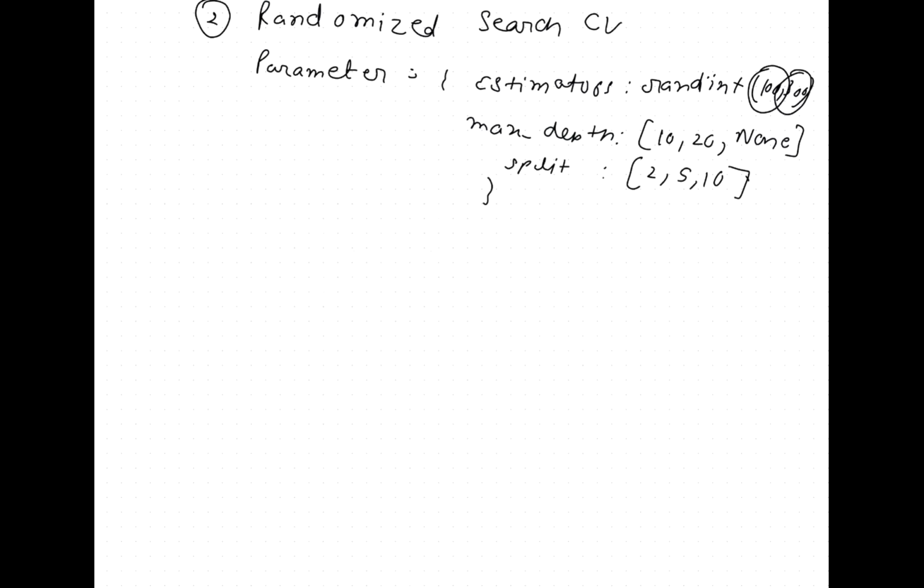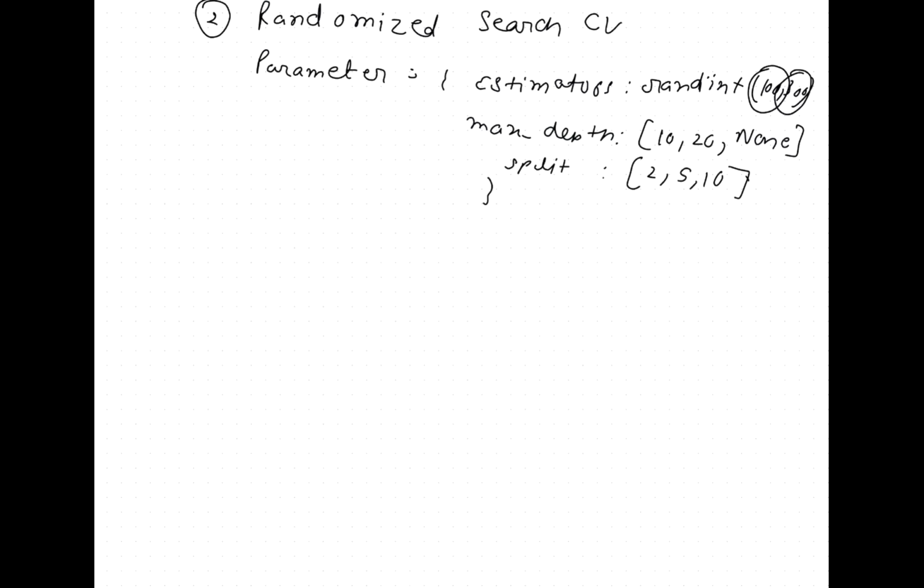So now we will jump onto our practical example. But before that, if you have a small data set, both grid search CV and randomized search CV will work perfectly. If the parameter space is large, then don't go with grid search CV. It will slow down your model tuning a lot.